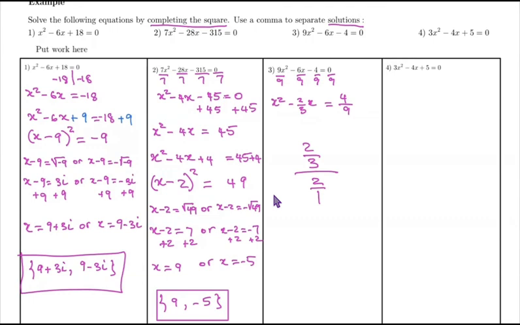It's 2 over 3 times 1 over 2. That's keep, change, flip. So you keep the top fraction, you change division to multiplication, and then you flip the bottom fraction. So we have that.